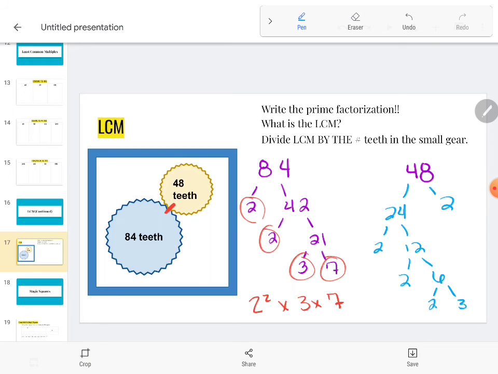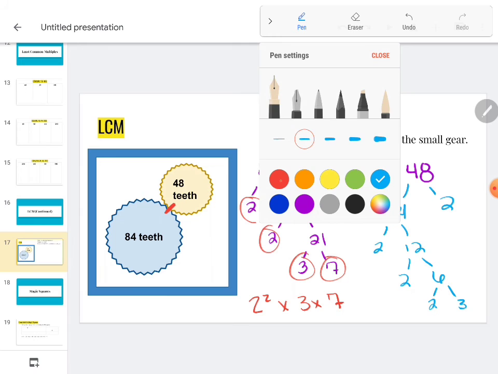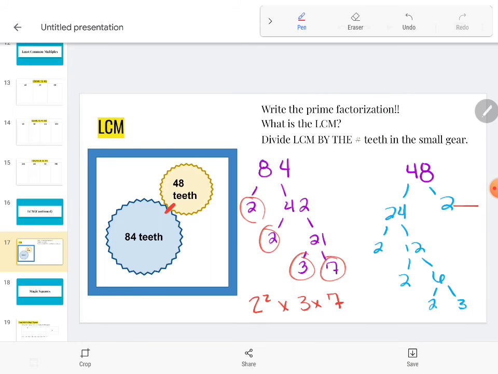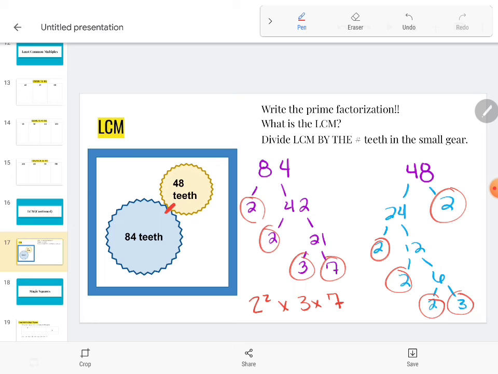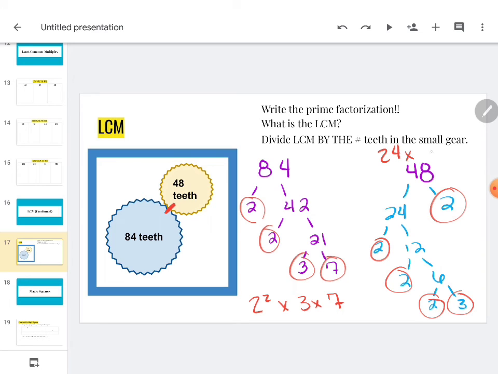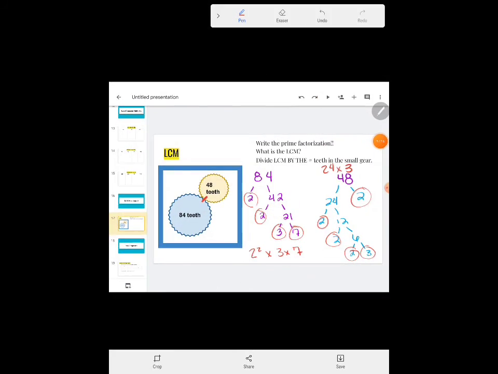And that should be all the numbers that we can actually break down as far as our tree goes. So we have 2, 2, 2, 2, and a 3. So we have 4 2's and 1 3. It's going to be 2 to the 4th power times 3. Now all we need to do is combine these problems.